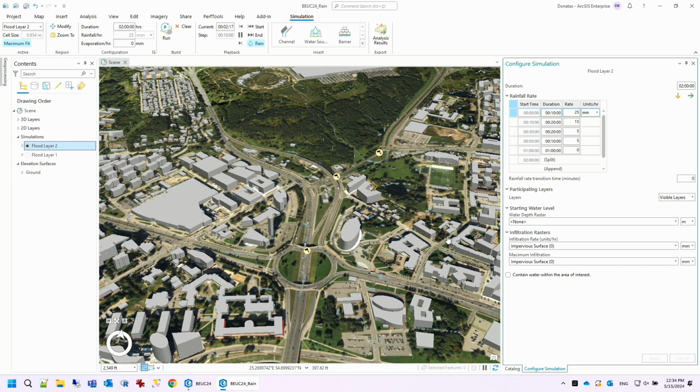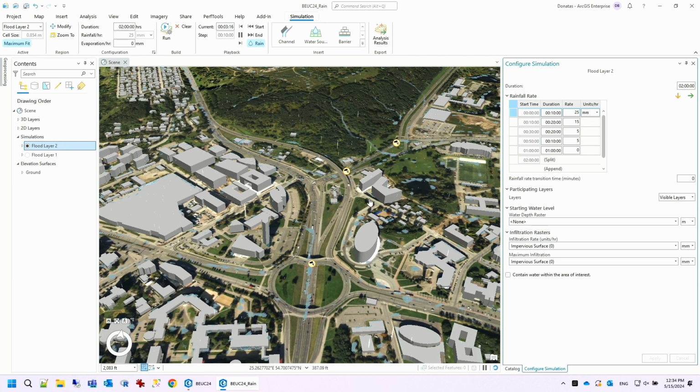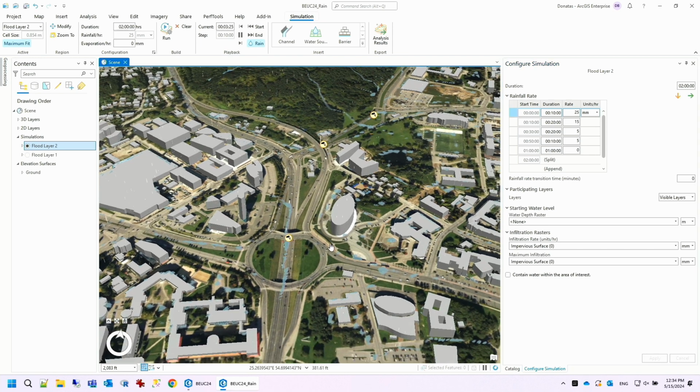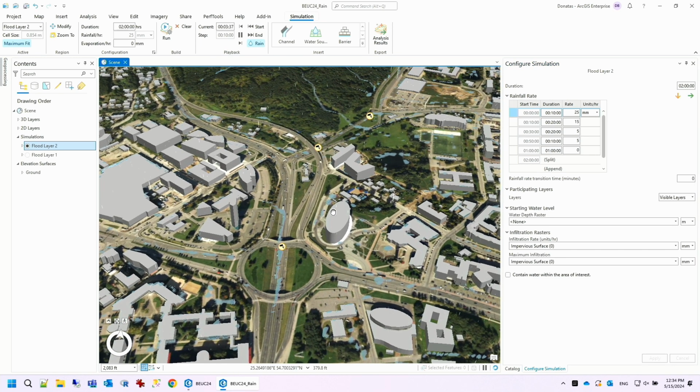And usually in such an event, most of the water falls during the initial phase of the rain. And you can see graphically that I can see water accumulating on the surface. I can model very different additional parameters, like, for example, infiltration, how this water is going into the surface.